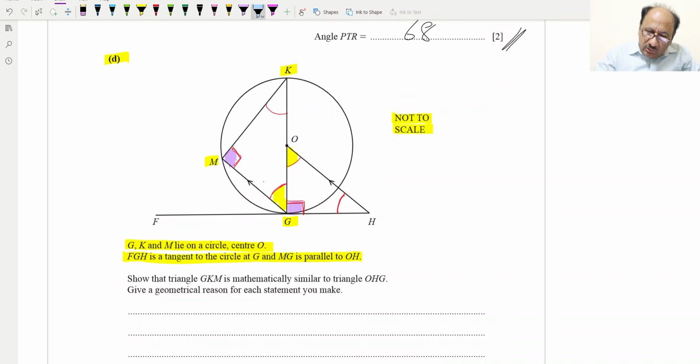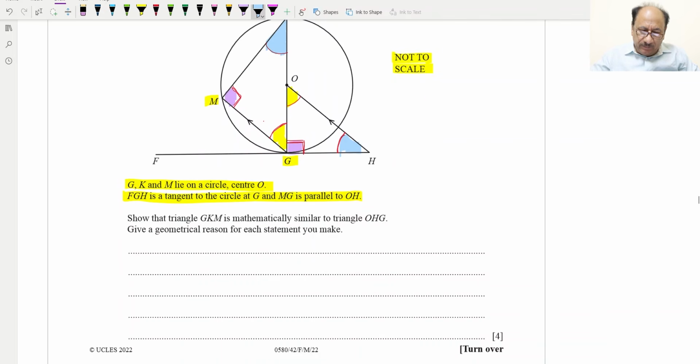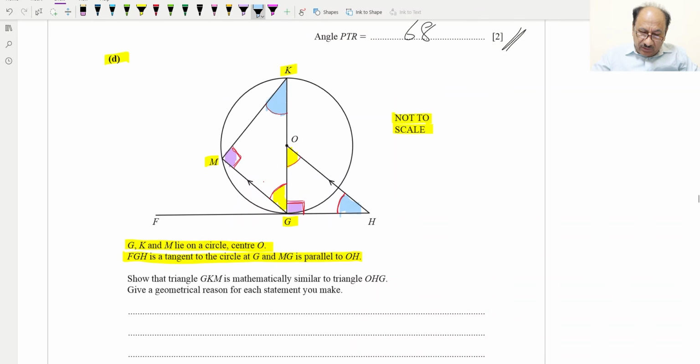So three angles of these two triangles are equal, hence they are mathematically similar triangles. Now we will go through the rest of the question. I have explained how we'll be dealing with this, and I have indicated corresponding angles with different colors so that you can understand properly.